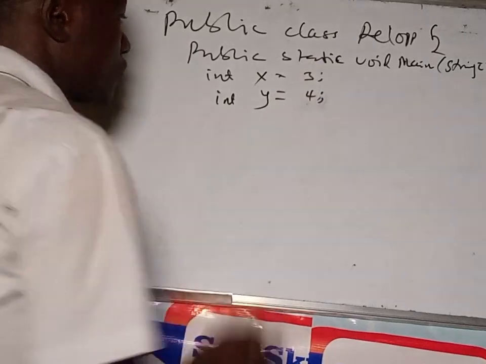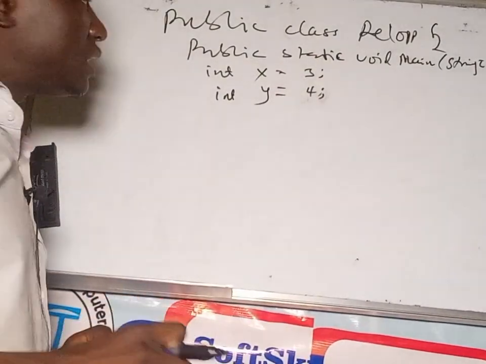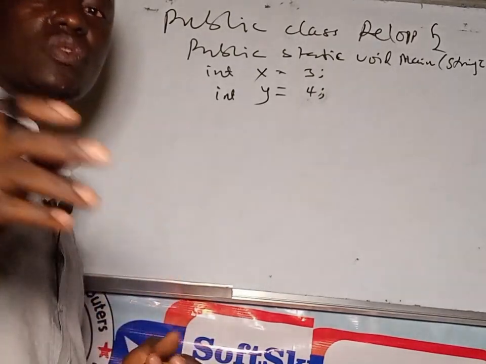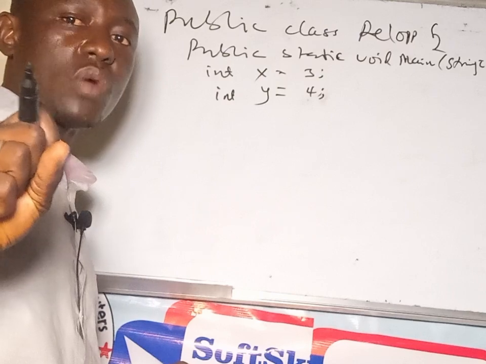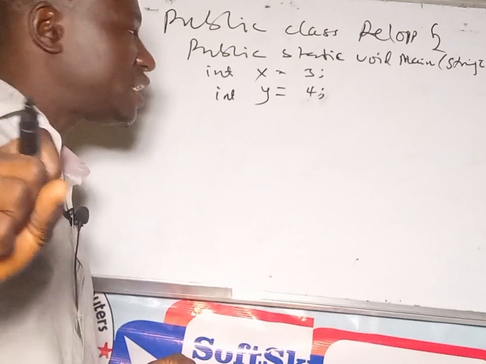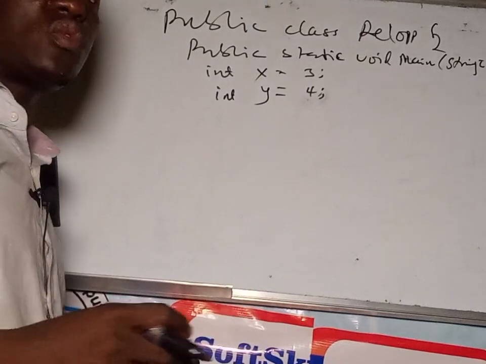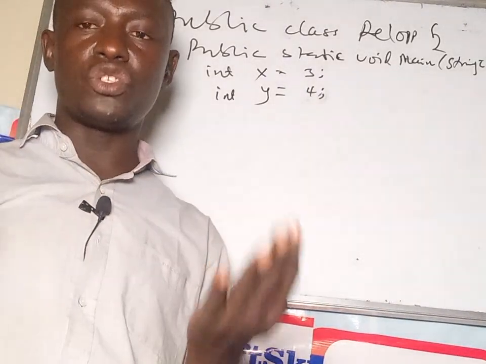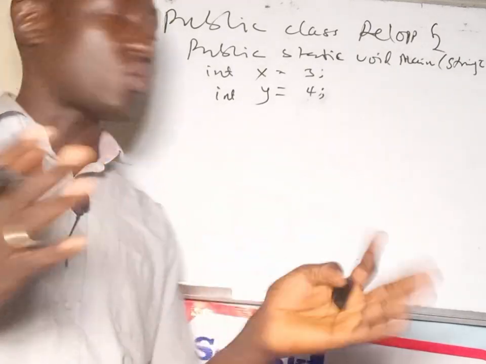The next variables we are going to declare are Boolean variables. The reason we are using this data type is that the output will be true or false, because we want to compare the given variables to be sure whether this one is greater than, less than, equal to, or whatsoever.